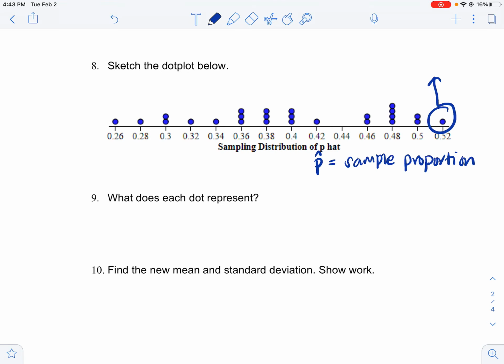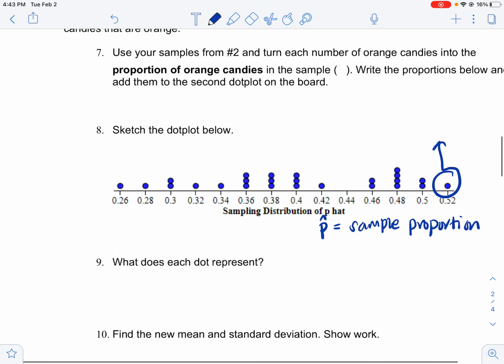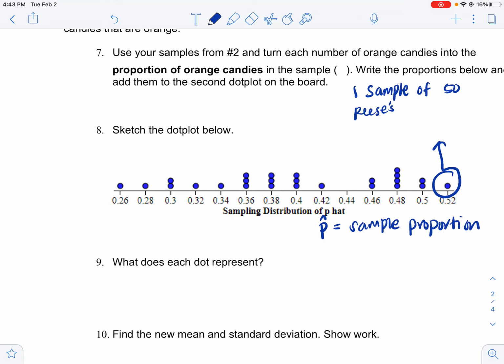It represents one sample of 50 Reese's candies and the proportion of orange. So it's no longer the number of candies, but it's now a proportion of candies.